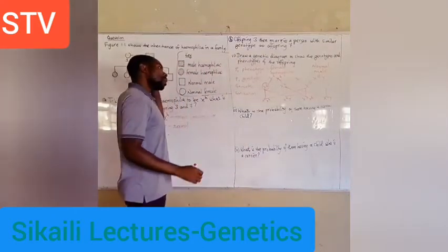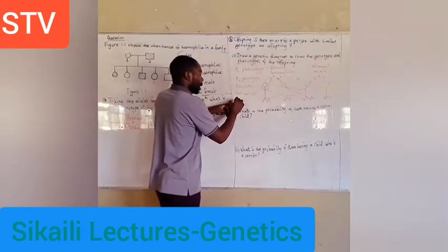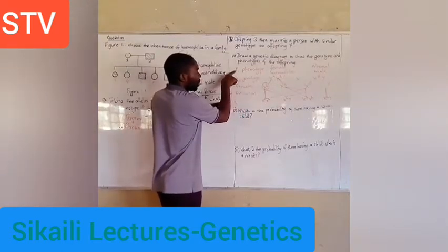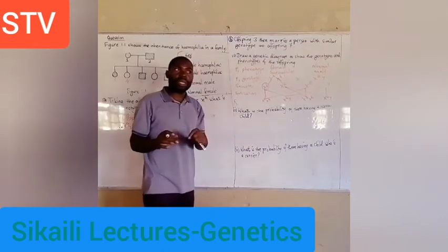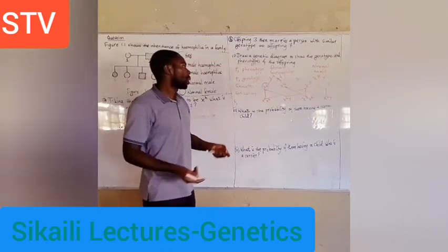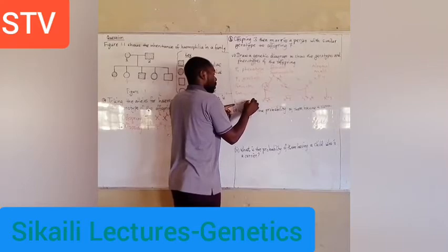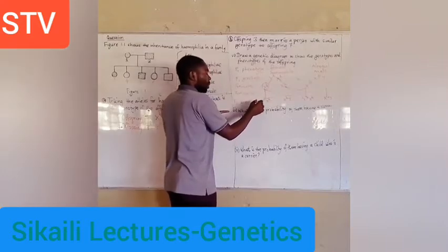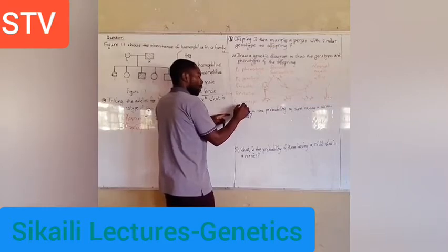So, having written like this, what I write in here, write F1, not P1. Here you write first generation because these are the children that you give birth to. Okay, so F1 generation or genotype, and then F1 phenotype.